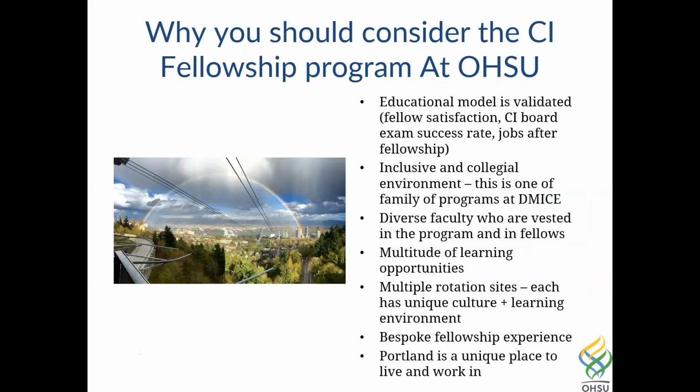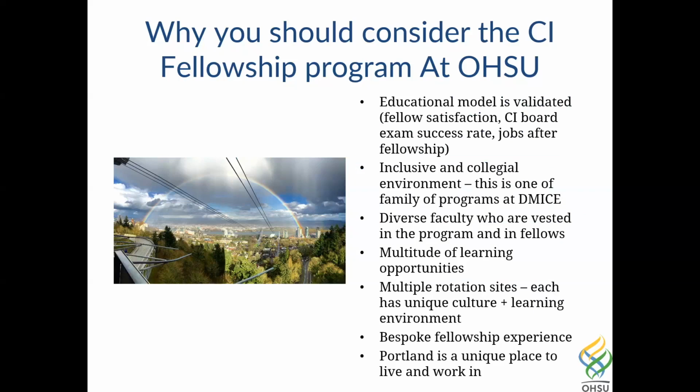Next slide. And the educational model is validated. We know that fellows are satisfied with the learning that they get in the program. Our board success rate, as Bill mentioned, has been excellent. And most importantly, our fellows are able to find jobs after fellowship in the areas that they want to practice in, both clinically as well as with respect to the clinical informatics work that they do.